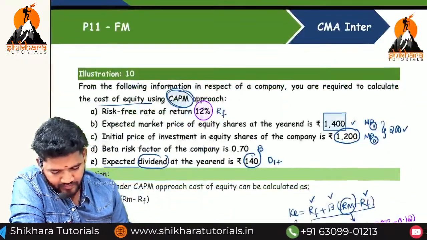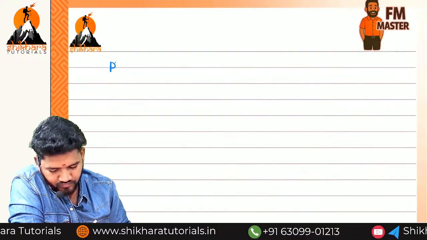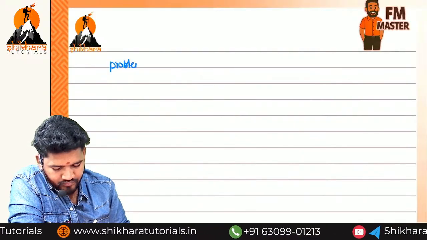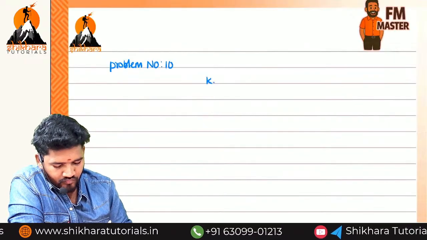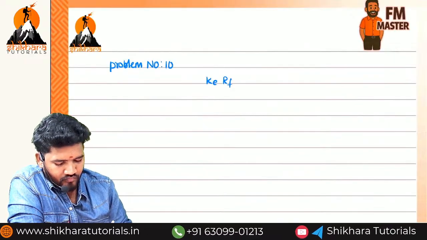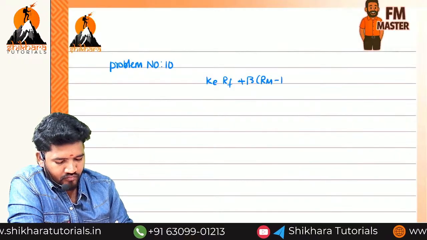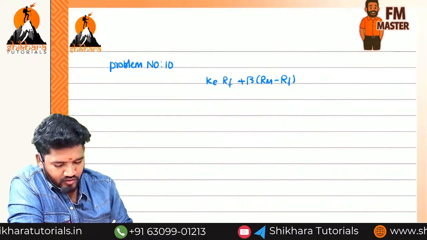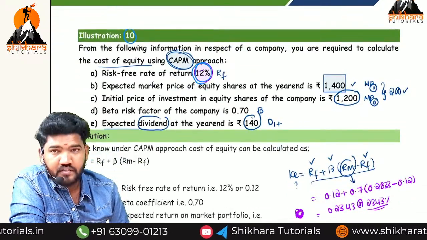Problem number 10. I think RF is given in the question paper, right? 12%.